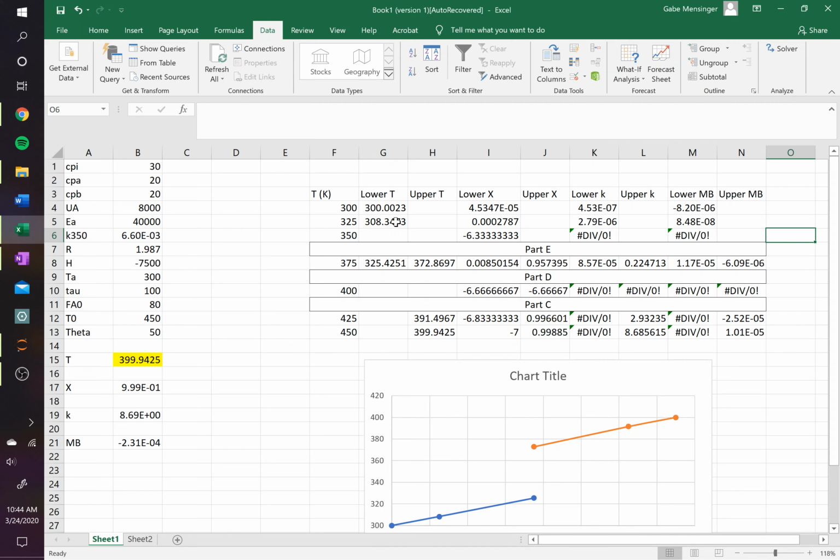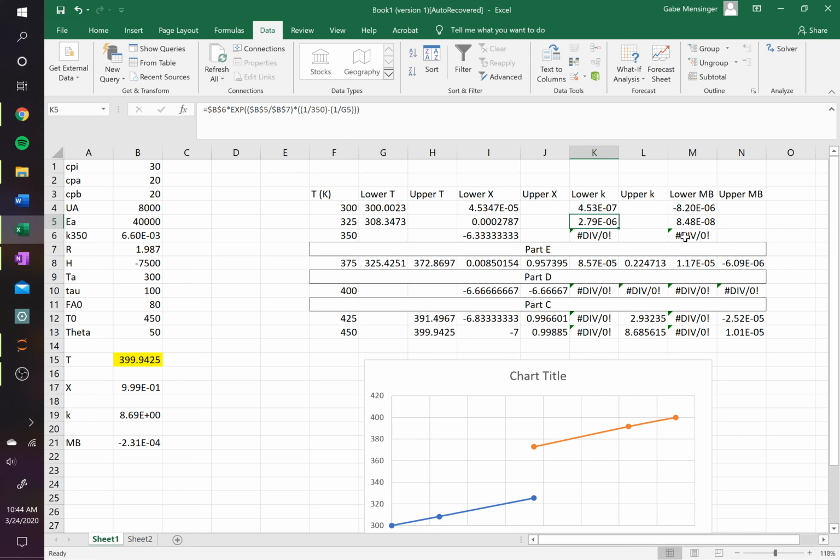And then once again, 325, increasing the temperature. I'm solving to set the mass balance equal to 0 by changing T, which is also going to change my conversion and K. And I'll leave these other points for you guys.